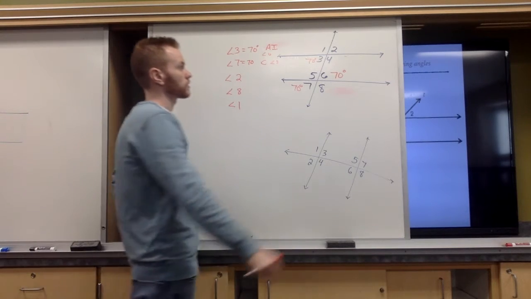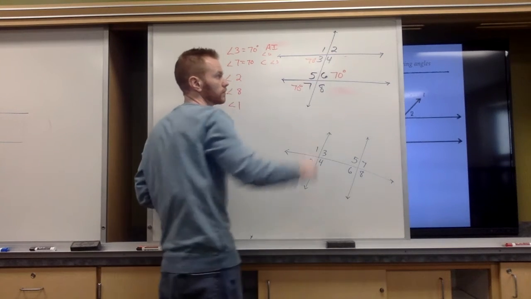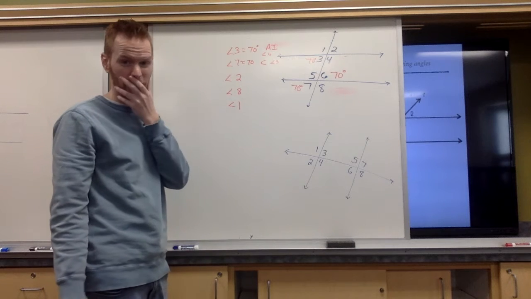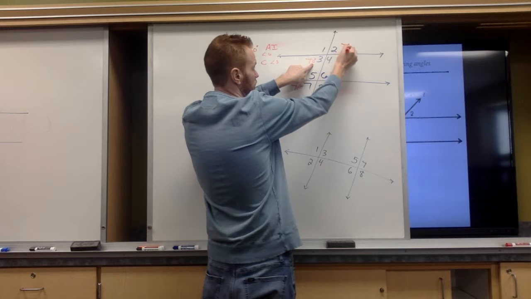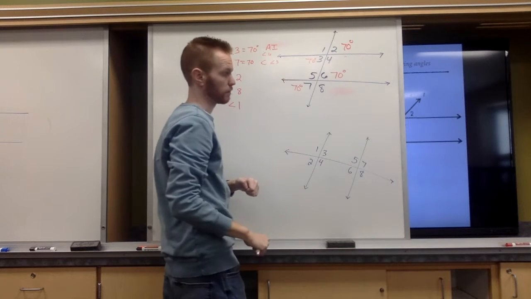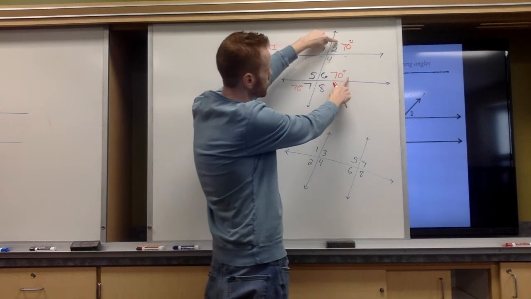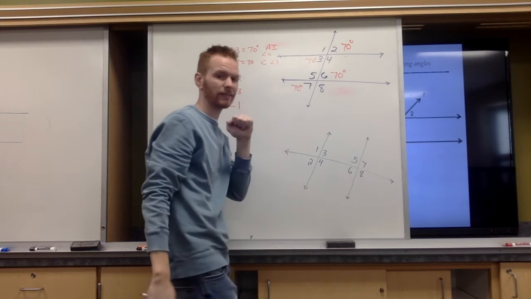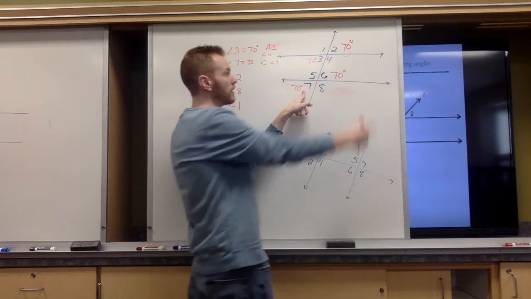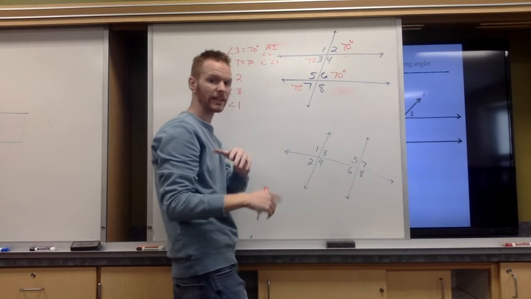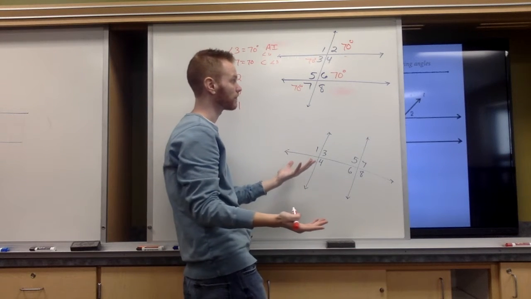Okay, angle 2 is next. So angle 2 is up here. There's a lot of ways to do the angle 2, right? 3 is vertical to it, which makes it 70 degrees. That's one way of getting its measurement. 6 and 2 are corresponding, which gives it 70. Or 7 and 2, they're alternate exterior angles, right?